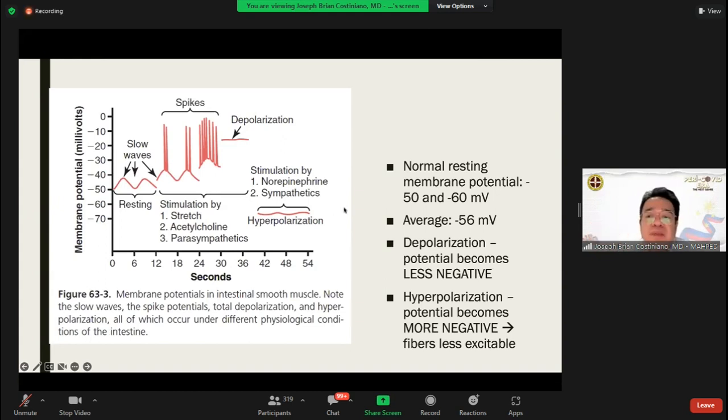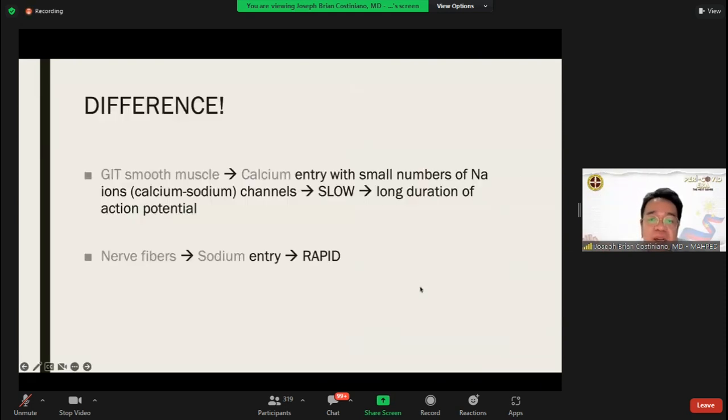Normal resting membrane potential is -50 to -60. Depolarization means the potential becomes less negative, going to the positive side, and hyperpolarization means it becomes more negative. So the difference between your GIT and your nerve fiber is that in nerve fiber, depolarization is caused by sodium entry.